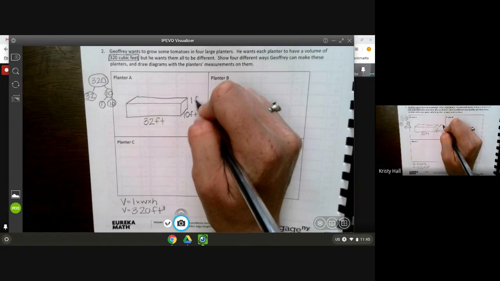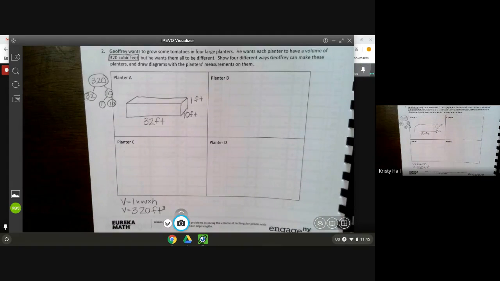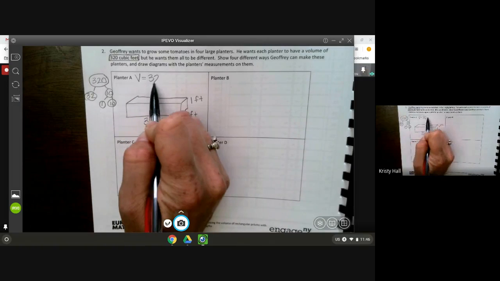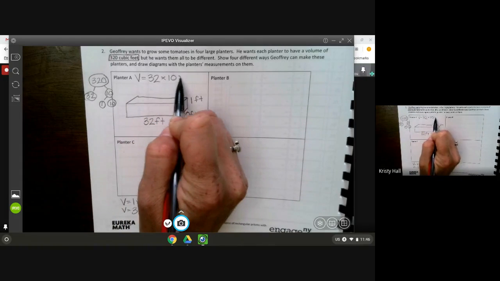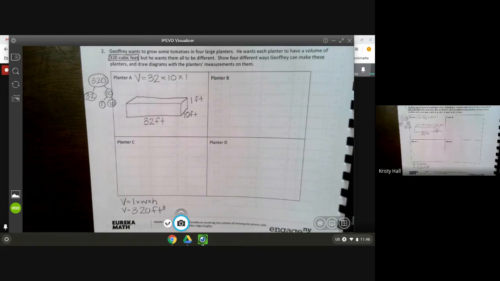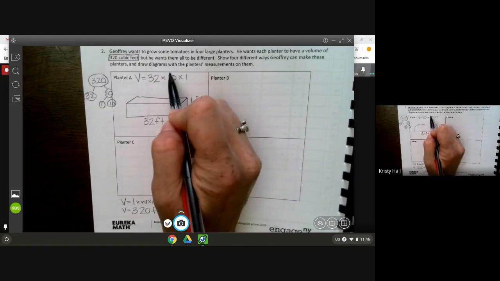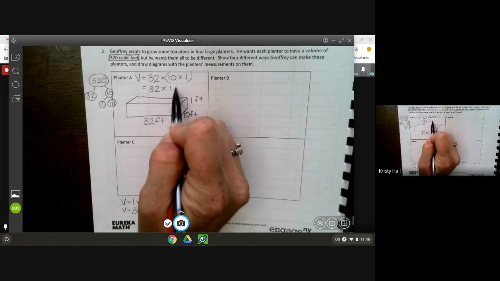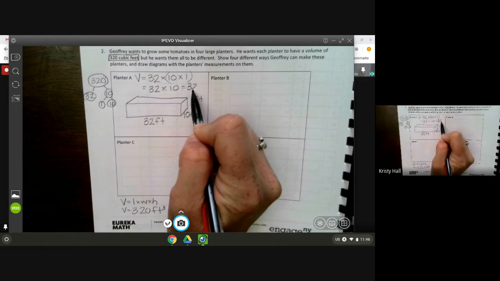And then 1 for a height. So for this planter, we would be multiplying 32 times 10 times 1, which is 32 times 10, which is 320.